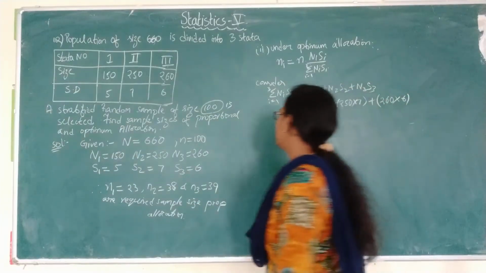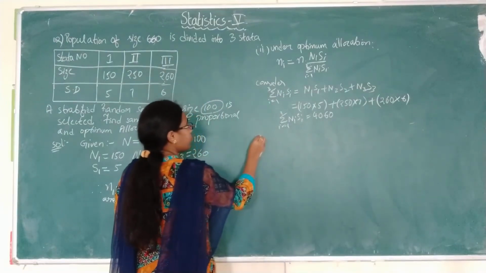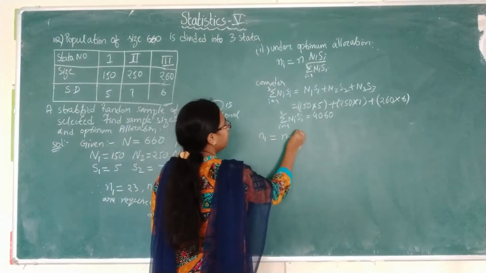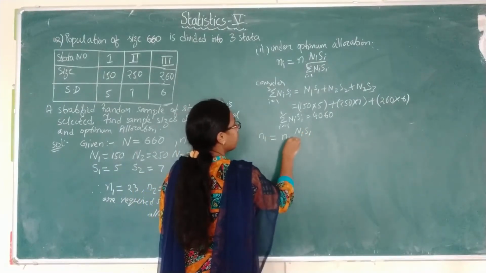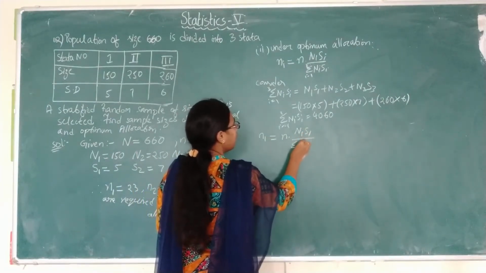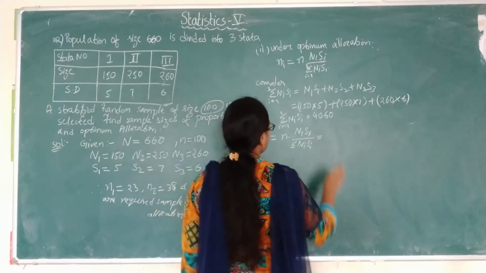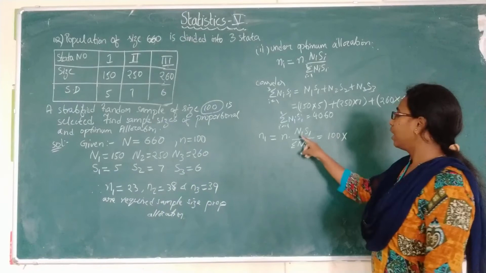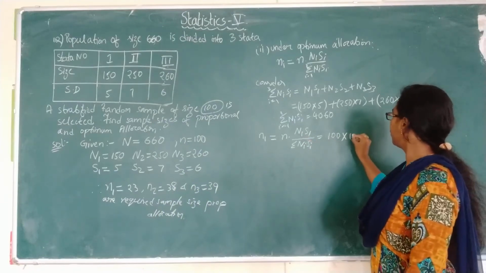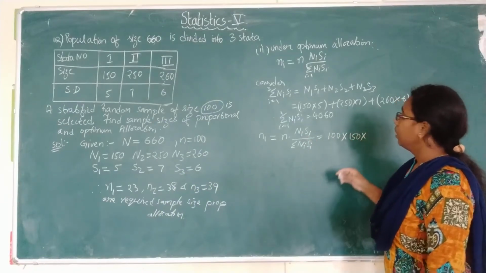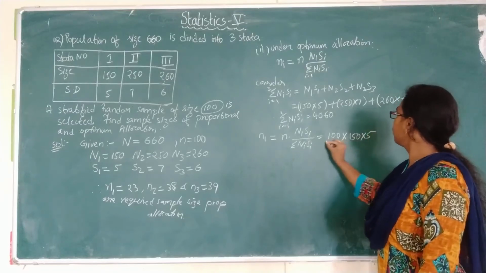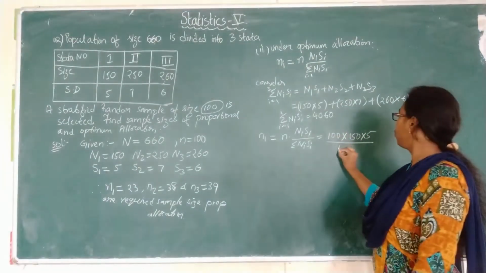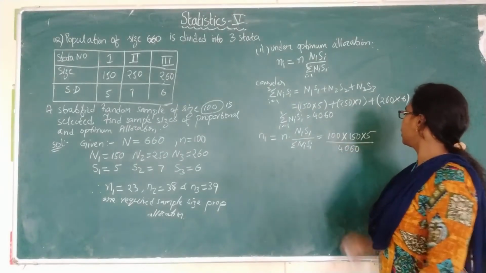Now find out the sample sizes. So first sample size n1 equals n into N1S1 by summation NiSi. Substitute the values. What is the n value? 100 into N1 value is 150 into S1 value is 5, divided by summation NiSi value is 4060.